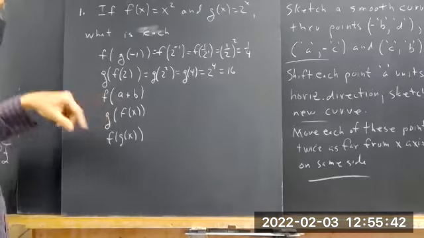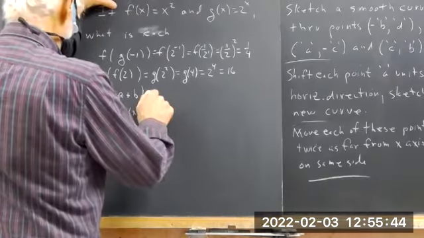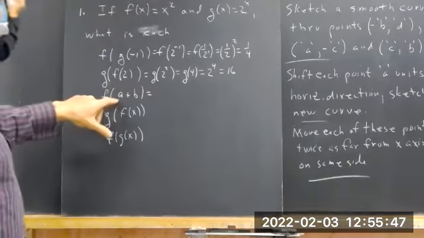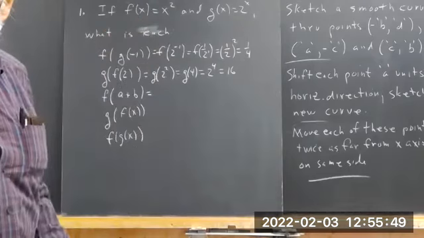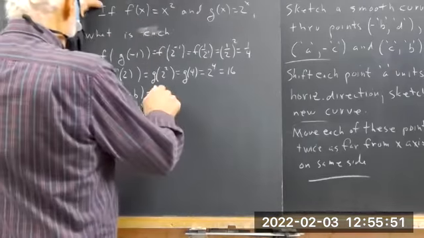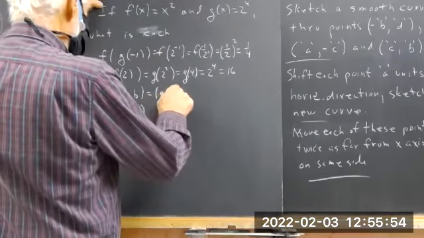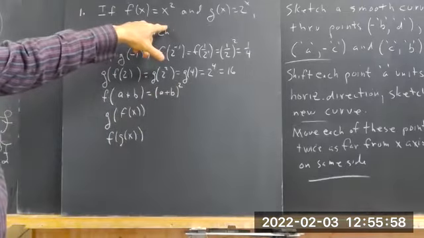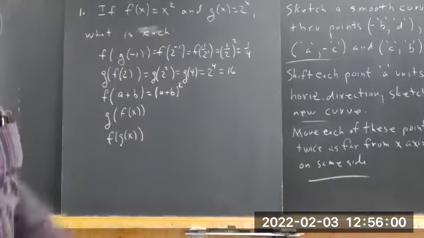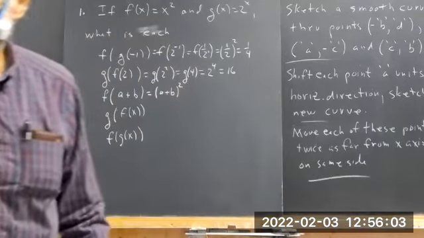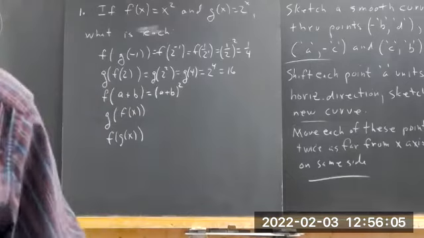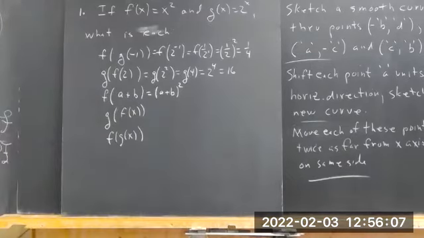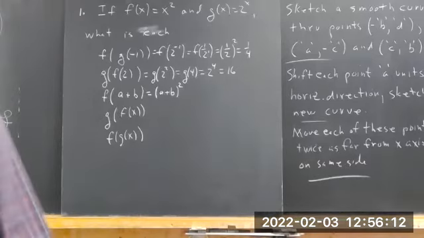Okay. f of a plus b is what? Well, you plug a plus b in for x, right? So you plug the whole a plus b in there and square it. That's not a squared plus b squared, so I hope you didn't do that. If you did, ponder what these things mean. x is being squared, x is the whole a plus b, and the whole a plus b is being squared.